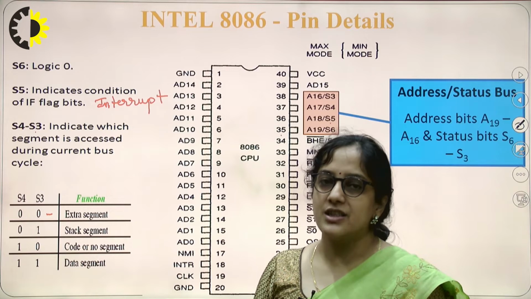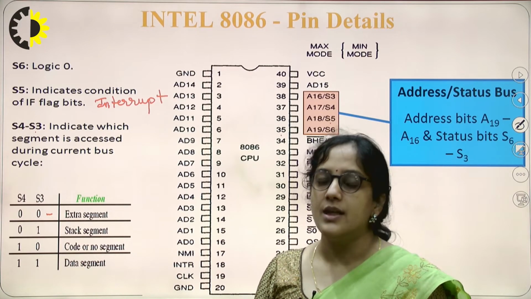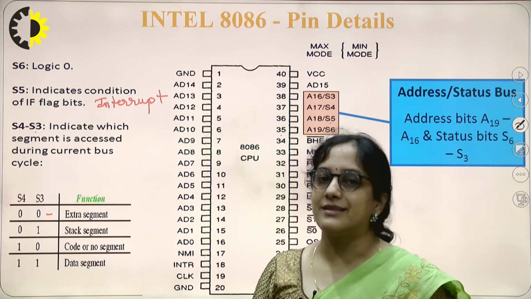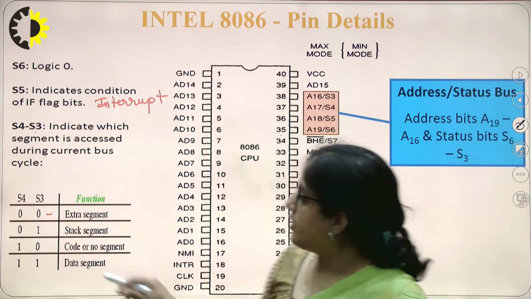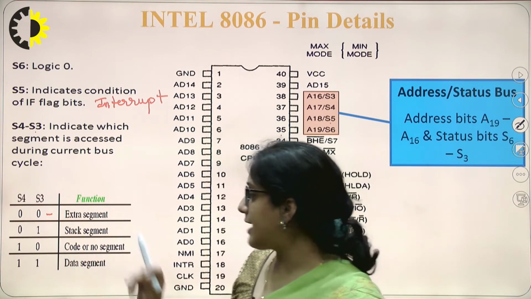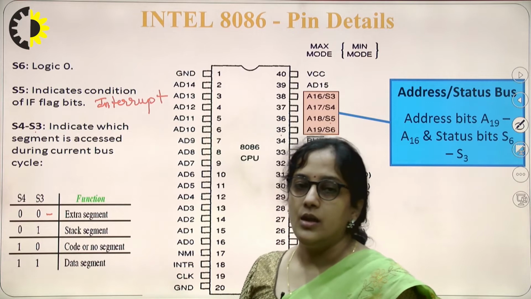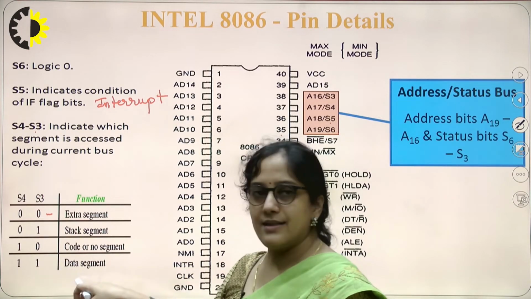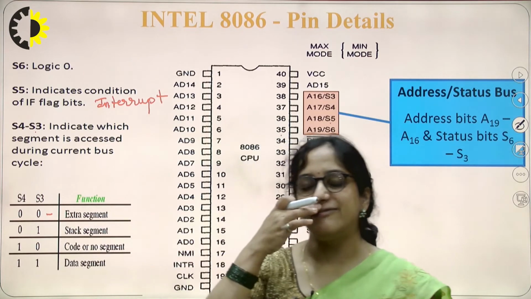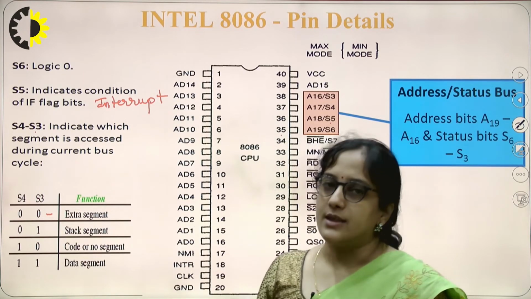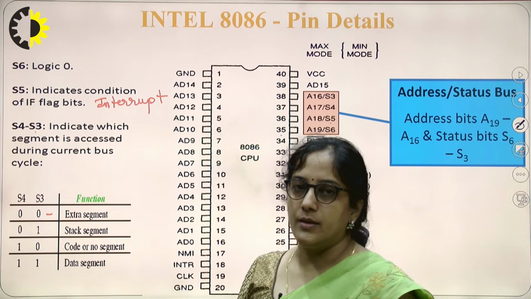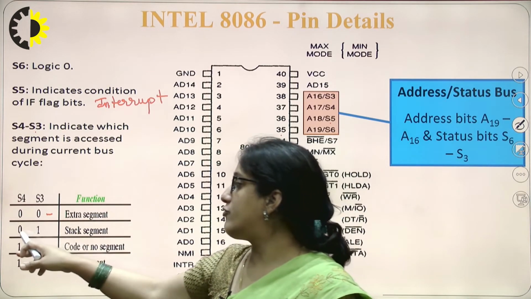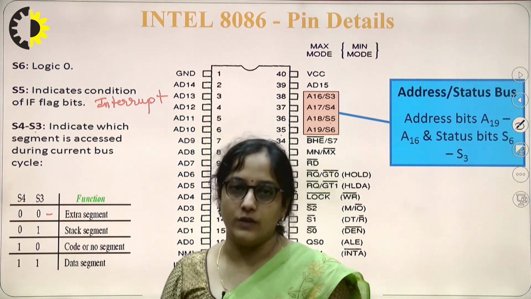Whatever address is traveling on the address bus is for the extra segment. If it is 10, then it is the code segment, where we had written our program. 11 is the data segment, and if the microprocessor is working with the stack segment, that is our temporary storage location, S4 and S3 have the value 01.